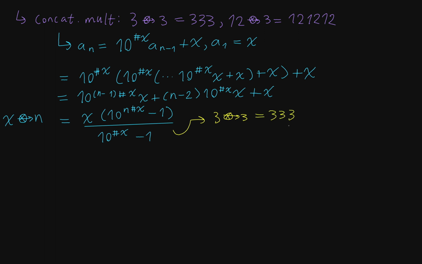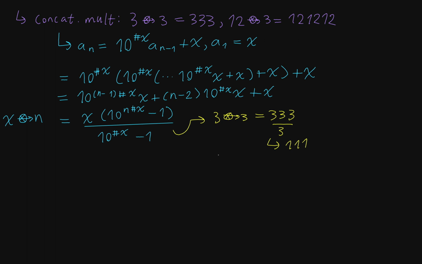Now if we divide out by 3, then what we're going to get is 1, 1, 1. So there's basically this pattern here. So this is for one digit number. If you just multiply this by however, n times, you have one of these ones n times, and then you just multiply by the number and you get that.